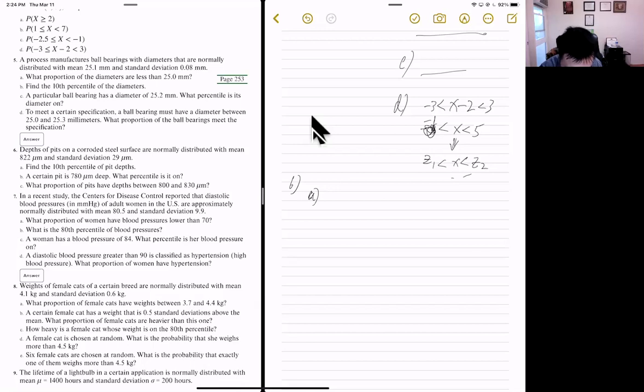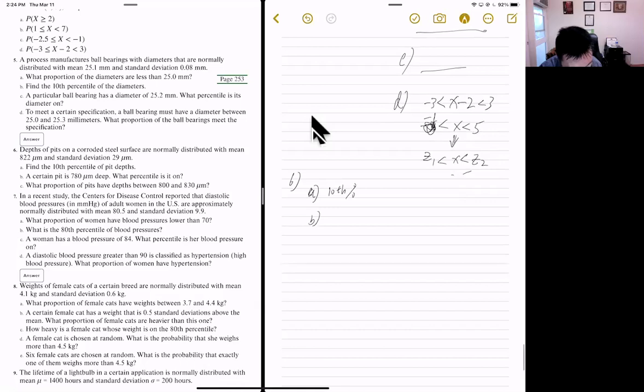Let me just copy this so we can avoid going back and forth. First one is the 10th percentile. Okay. For B, it is 780 micrometer depth, asking what is the percentile. Okay.